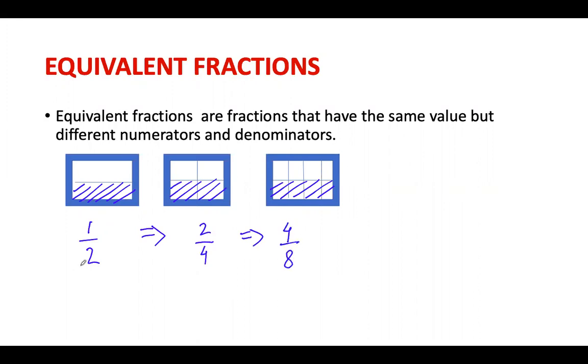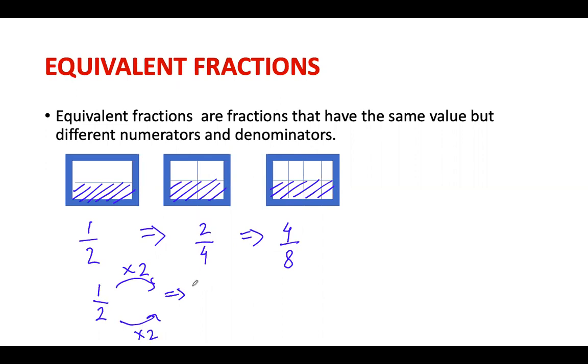Now we can write it in this manner because all three are equal, but they have different numerators and denominators. So when we multiply both the numerator and the denominator by the same number, we get an equivalent fraction.